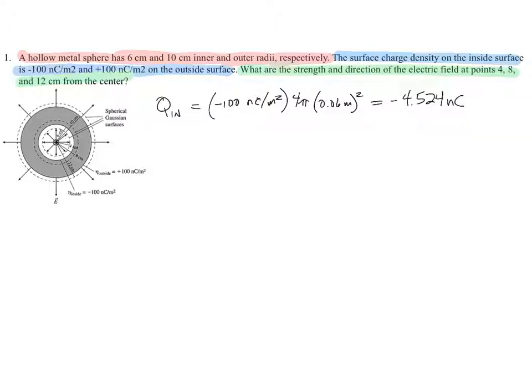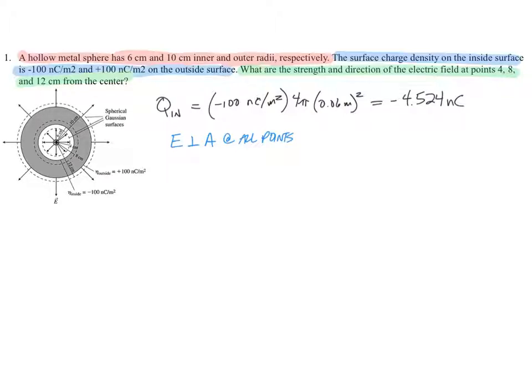It is worth noting that the electric field is going to be perpendicular to that surface area at all points. We would expect that with a spherical distribution and the way we understand fields.